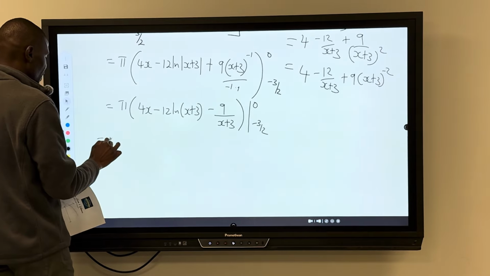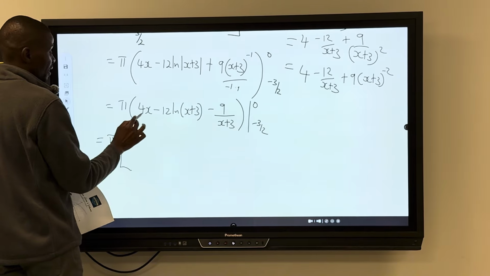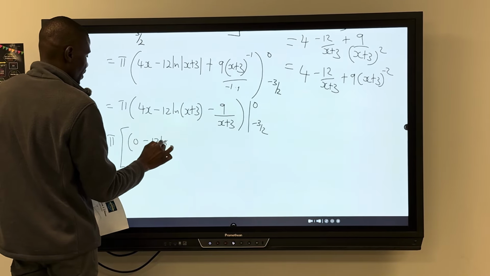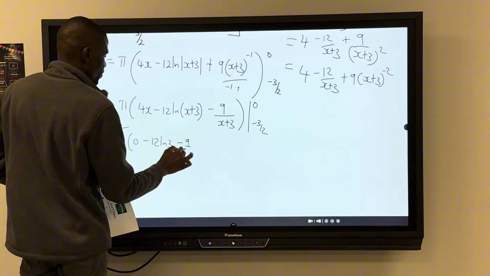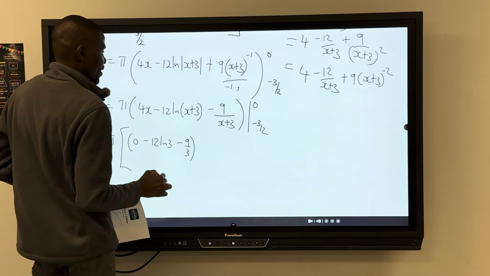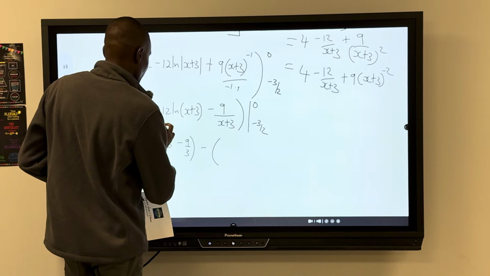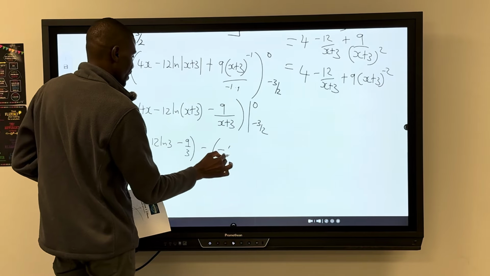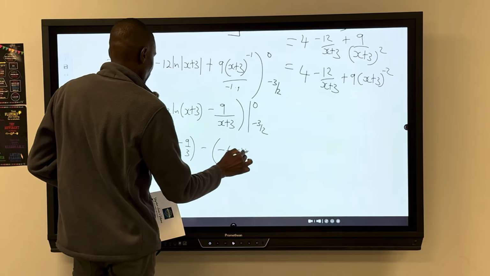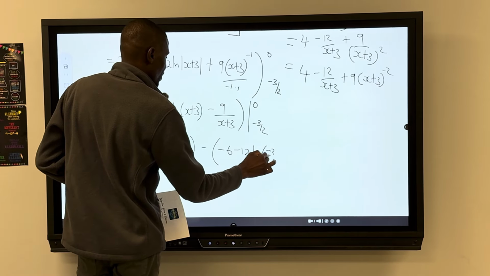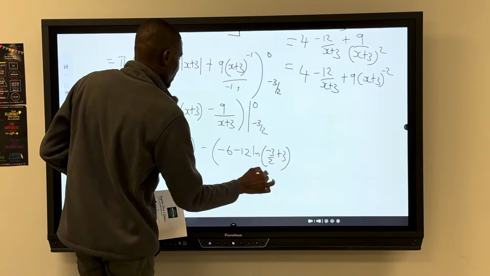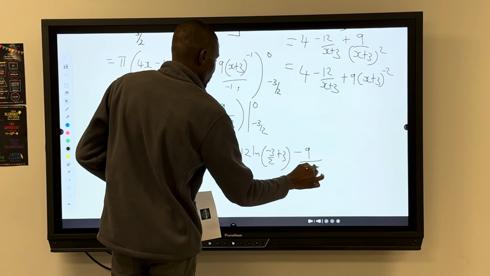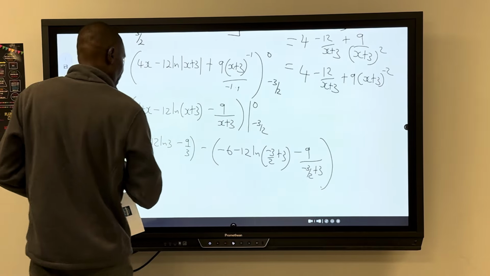So let me keep the pi outside. So if I put 0 here, it's going to be 0 minus 12 ln 3 minus 9 over 3, right? Then subtracting, so 4 times that, so 2 into 4, that's 2, so that's negative 6 minus 12 natural log of negative 3 over 2 plus 3, then minus 9 over negative 3 over 2 plus 3, right?